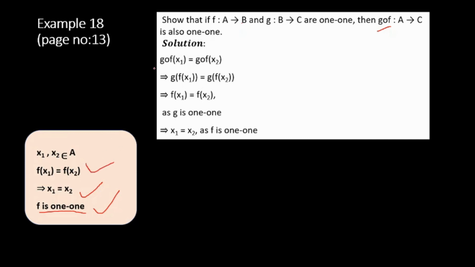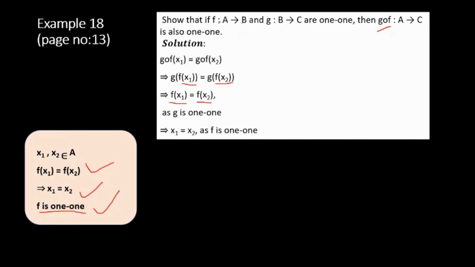What is gof of x1? We write g of f of x1, and g of f of x2, which gives f of x1 equal to f of x2. Why have we written f of x1 and f of x2?